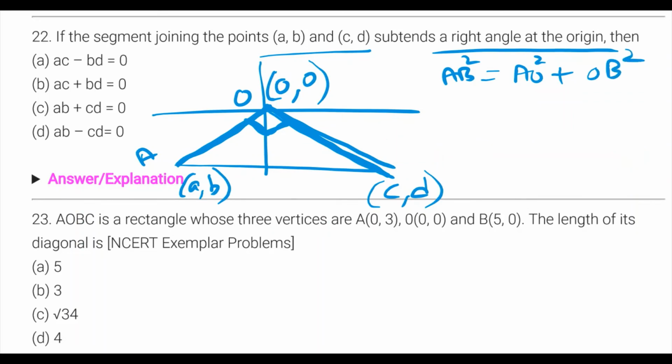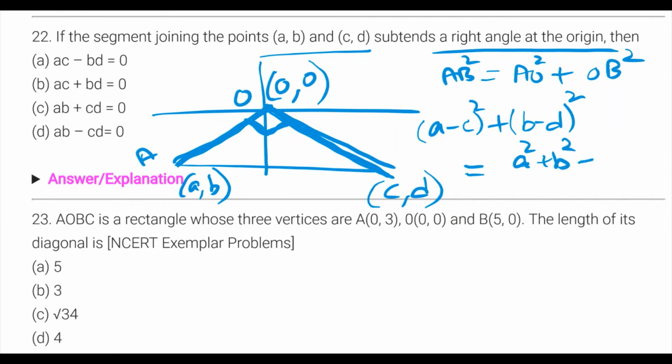So solving this expression, AB square equals A minus C whole square plus B minus D whole square, that equals AO square plus OB square. AO square is nothing but A minus 0 whole square plus 0 minus B whole square, which is A square plus B square, and OB square is C square plus D square.